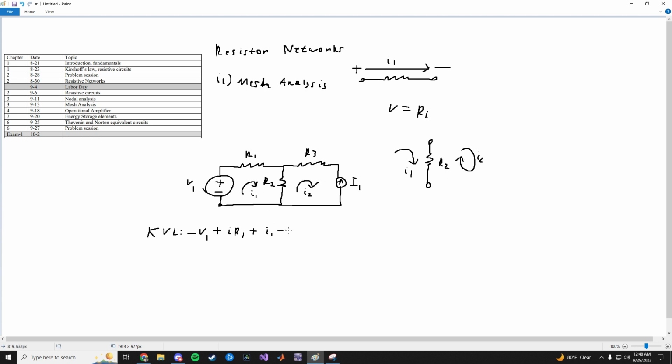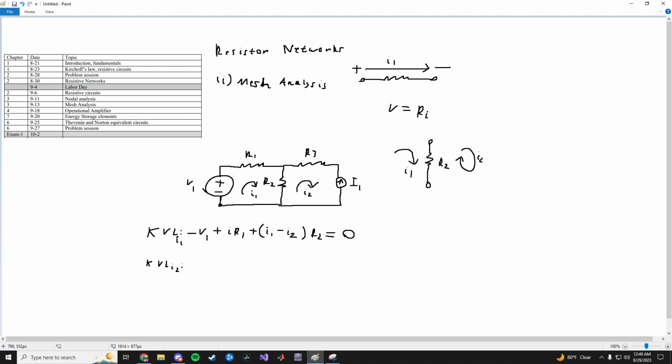So it's I1 minus I2 times R2. And that completes, equals 0, and that completes the Kirchhoff's voltage law for this mesh. KVL at I1. So now we still have to write the KVL at I2.